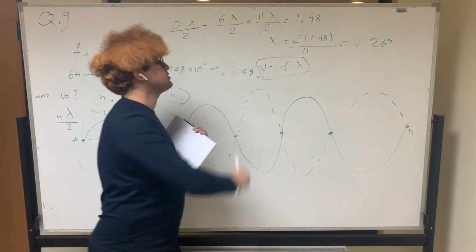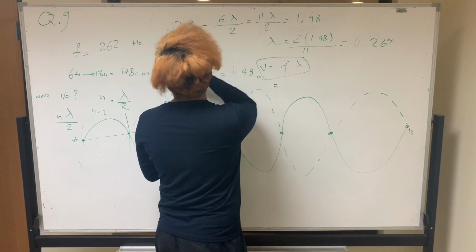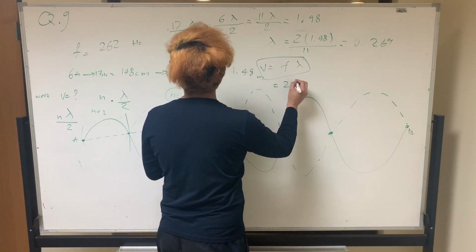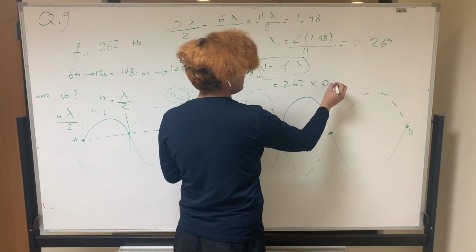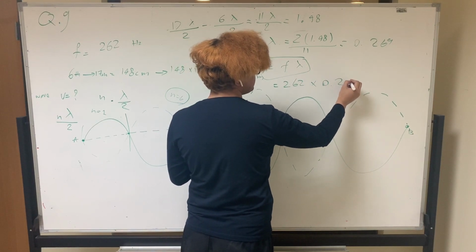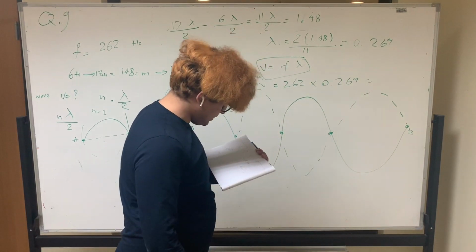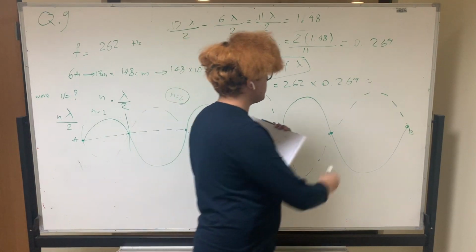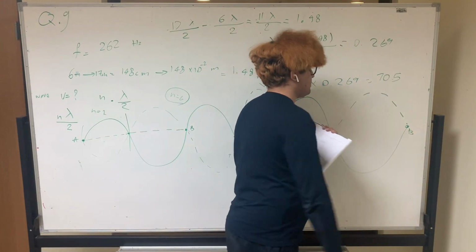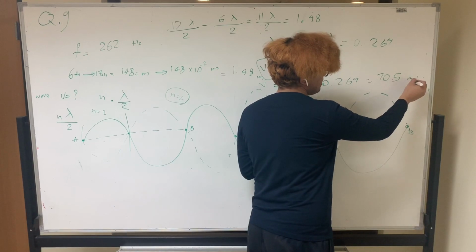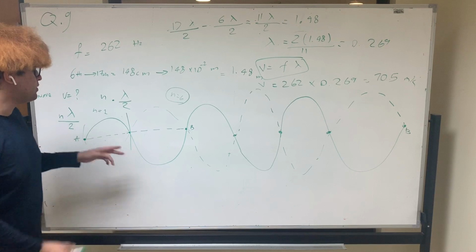We already know that the velocity of the wave is equal to f times lambda, and we're given the frequency to be 262. Multiply that by the wavelength, 0.269, and that's going to give you your wave speed, which will be 17.5 meters per second.